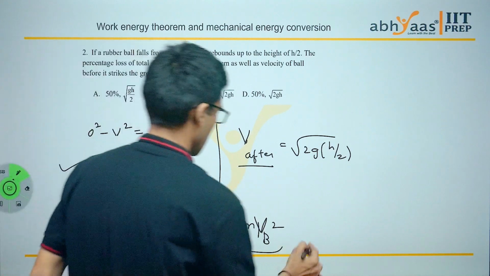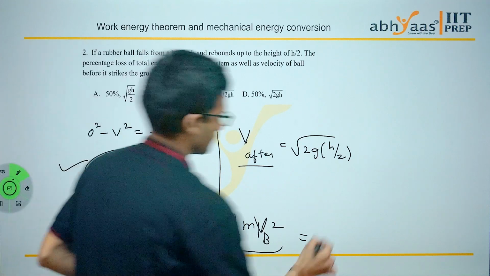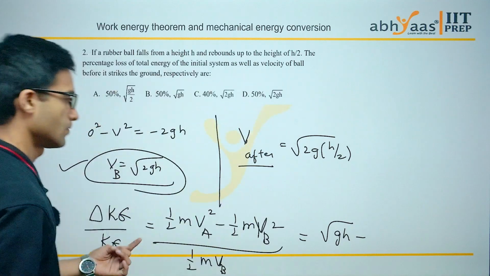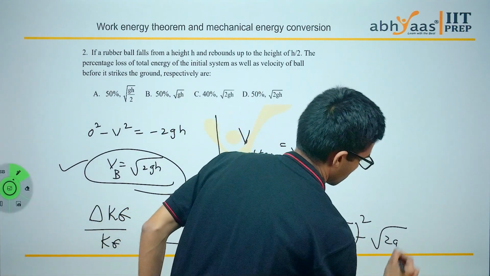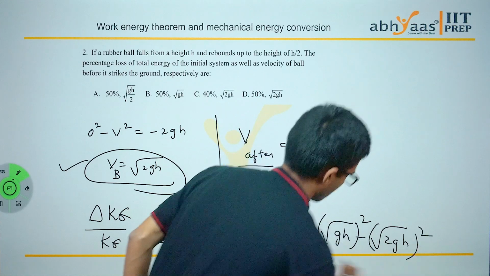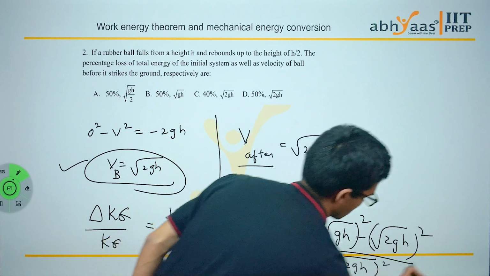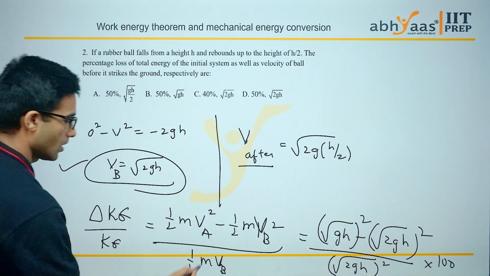If you consider it, m gets cancelled, half gets cancelled. vA² is gh minus, vB² is (root 2gh)², divided by (root 2gh)², into 100. Everything cancelled.